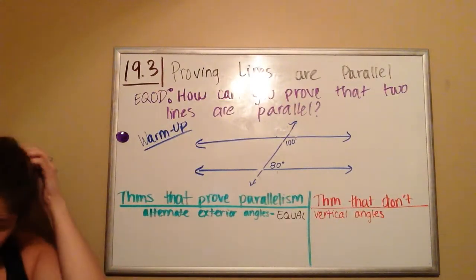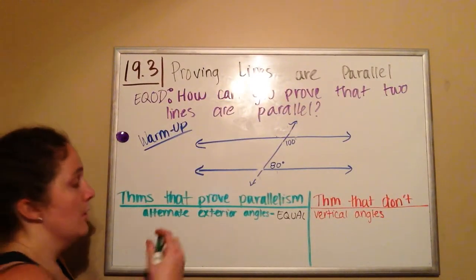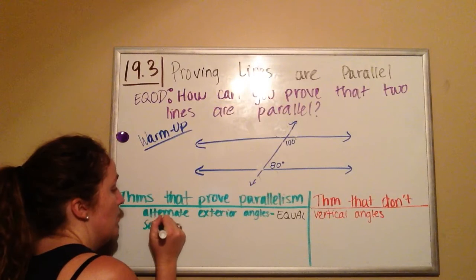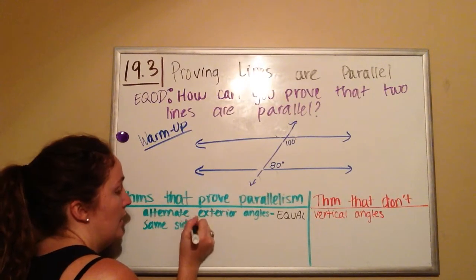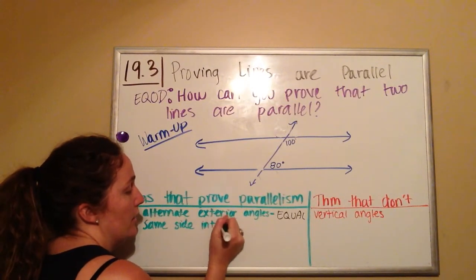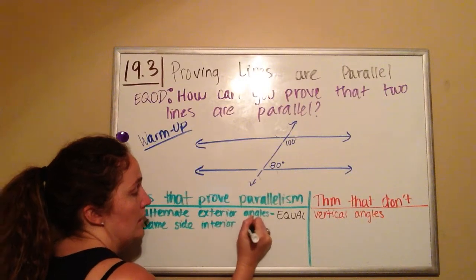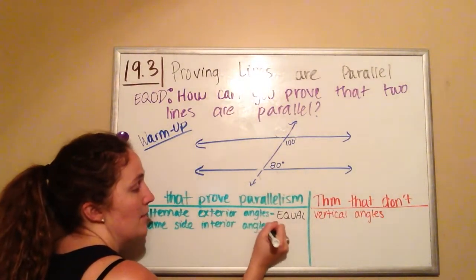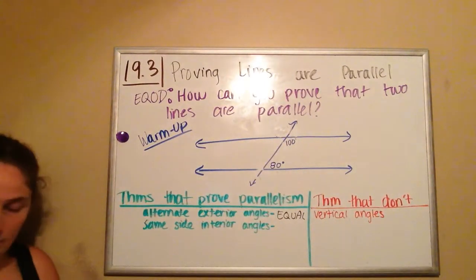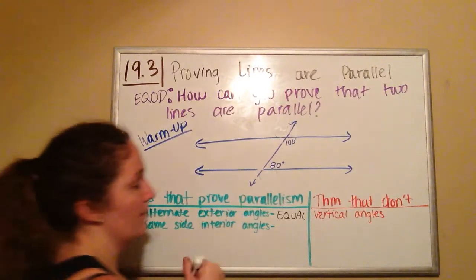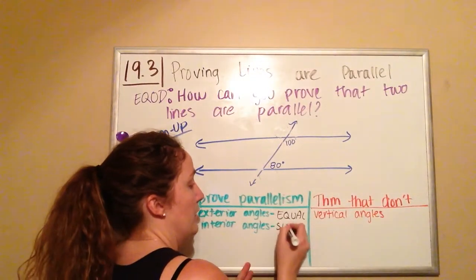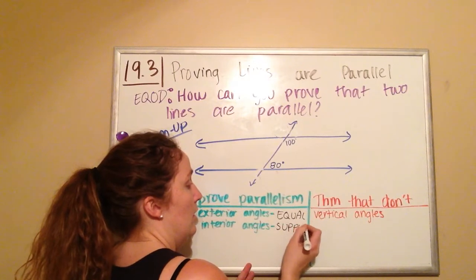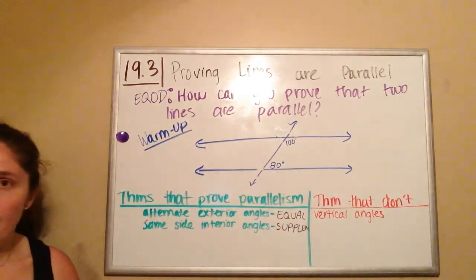So another theorem that works to prove parallelism would be same side interior angles. And remember that the same side interior angles aren't equal, but they are supplementary, as in they add up to 180. Okay?